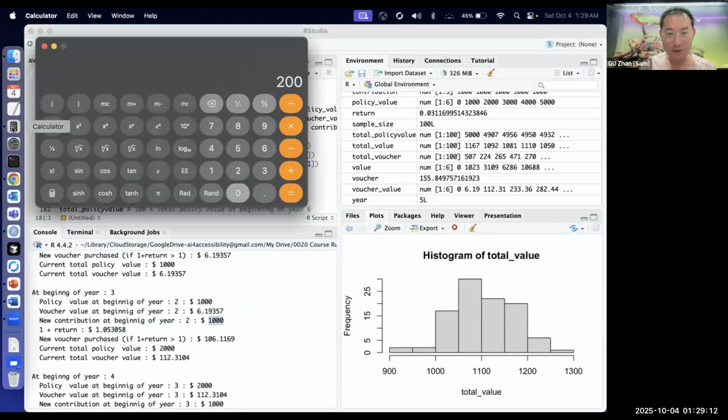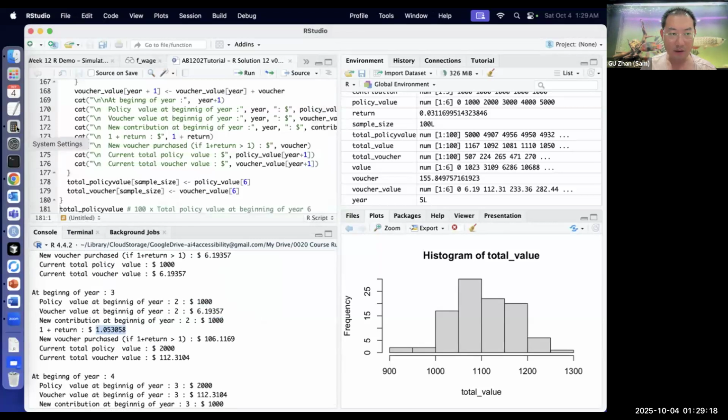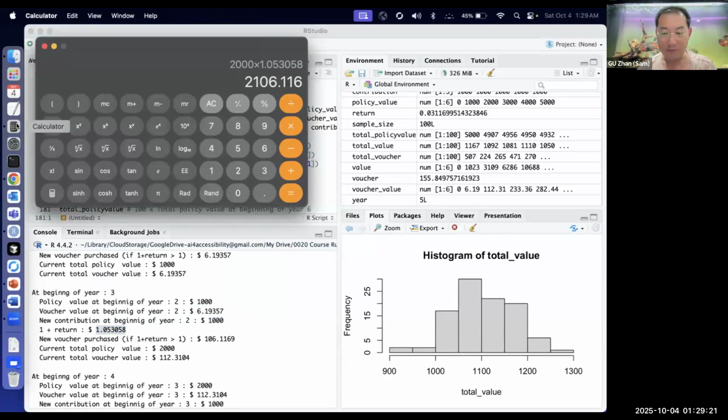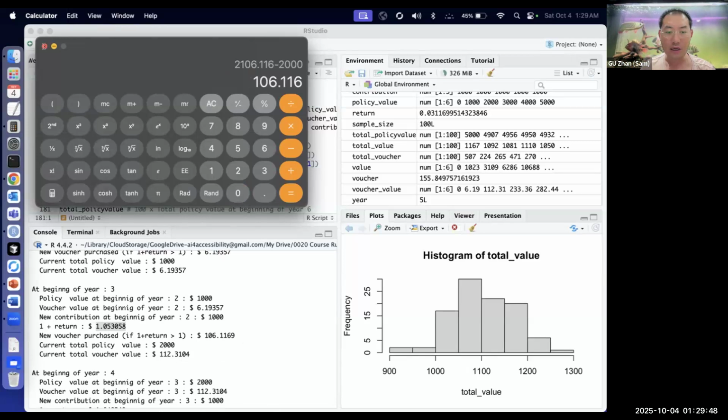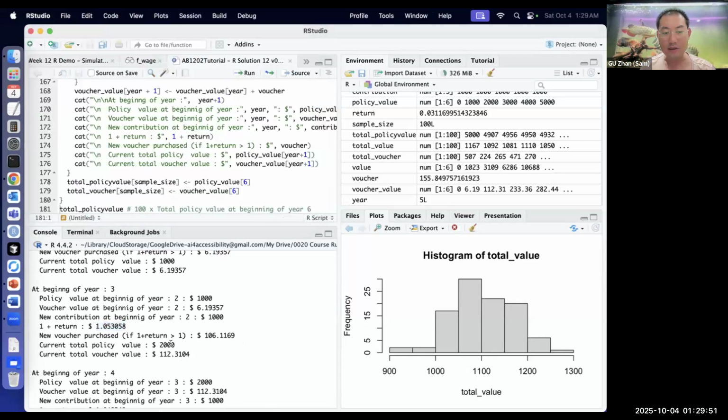You have this $2,000 times this one, then minus $2,000, because you only obtain the voucher for the surplus. So 106 is the NTUC voucher that you earned for this year, at the beginning of year 3. Then you sum it to the previous $6, and you get about $112 in voucher, and your current total policy is $2,000 because you have accumulated 2 years.